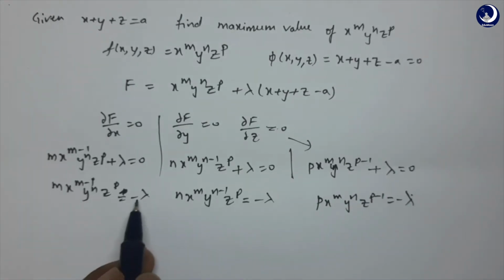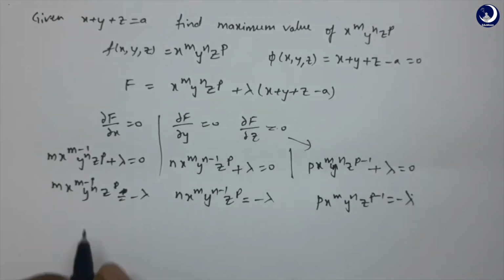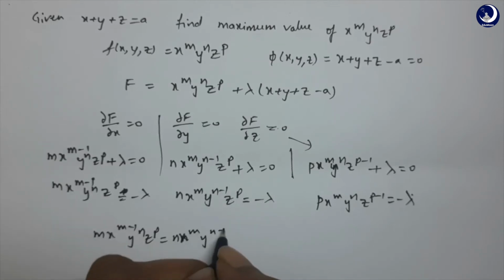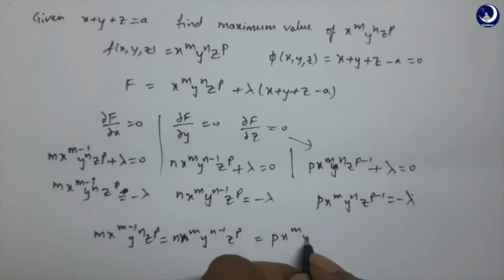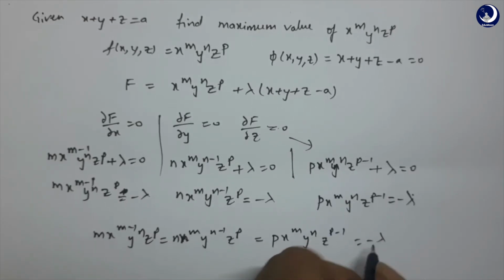All these equations have minus lambda on the right side, so we can equate all these three. Then we would get m x^(m-1) y^n z^p equals n x^m y^(n-1) z^p equals p x^m y^n z^(p-1) equals minus lambda.